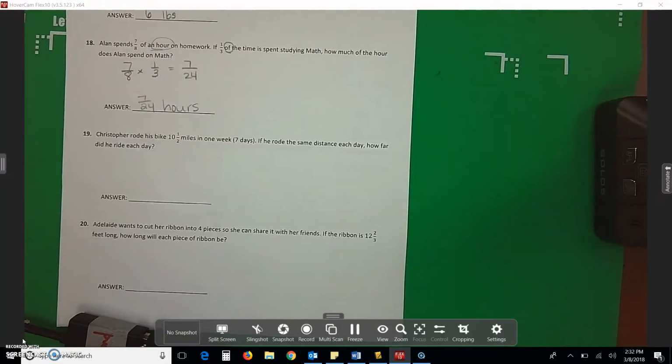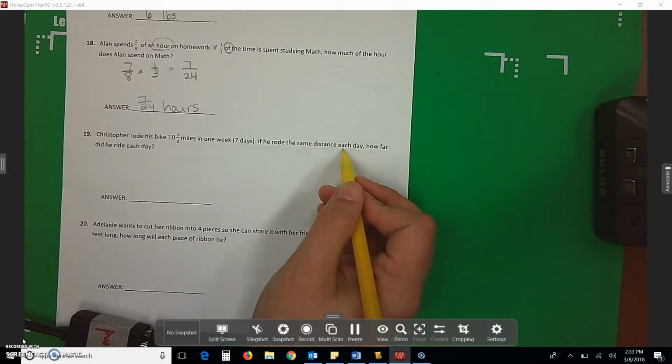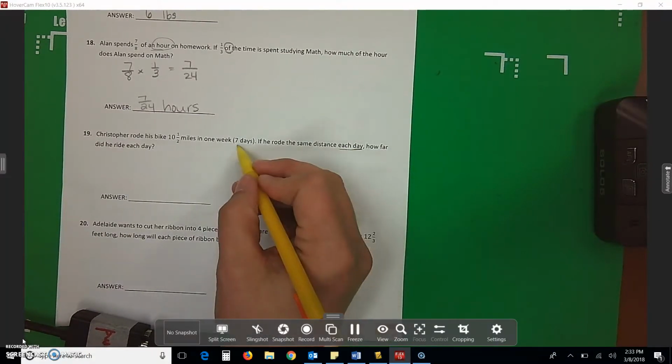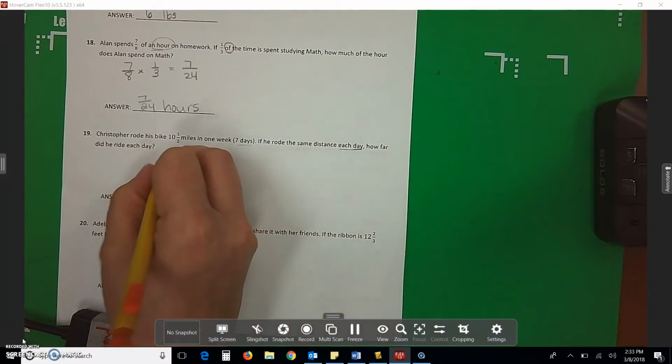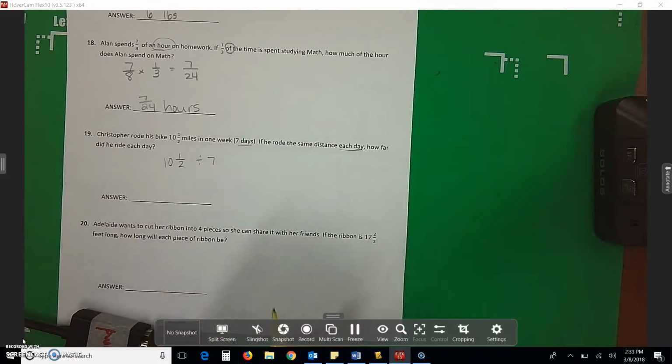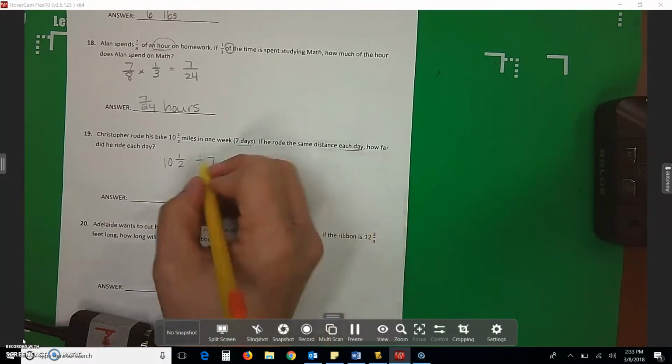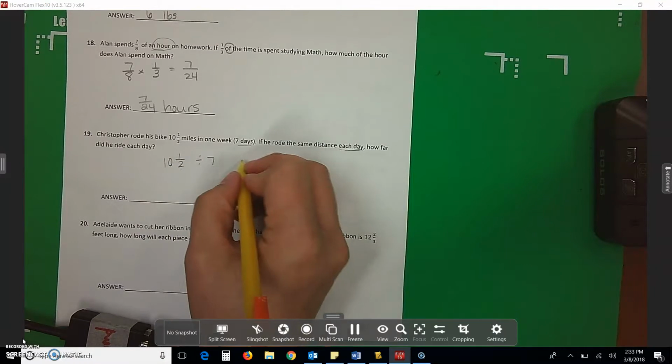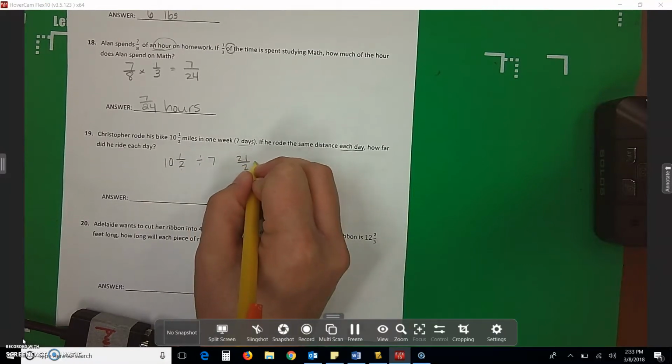Christopher rode his bike 10.5 miles in 7 days. If he rode the same distance each day, how far did he ride in each day? Okay, so if he rode the same distance each day out of 7 days, that means we have to divide because we have 10.5 miles over 7 days. Okay? So 10 times 2 is 20, so that's 21 over 2.